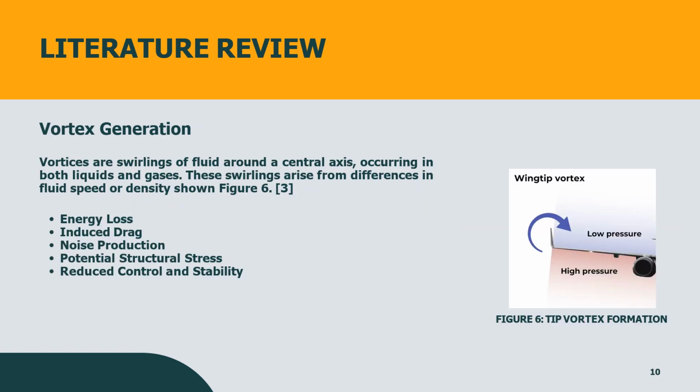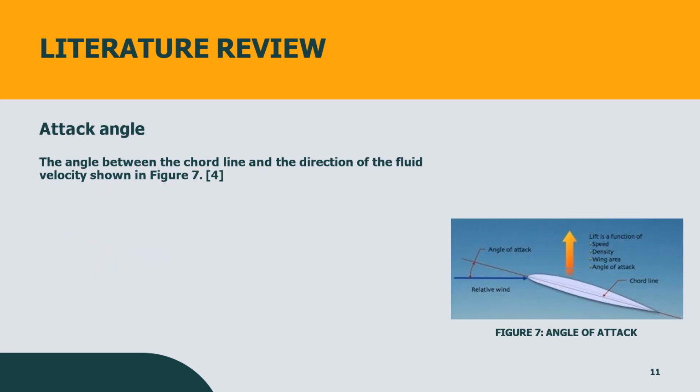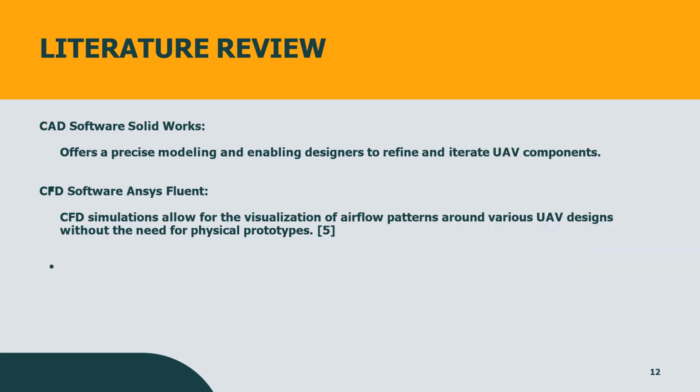What is vortex? It is a swirling of fluid around a central axis, occurring in both liquids and gases. This swirling arises from differences in the fluid speed or density, as shown in the figure. The attack angle is the angle between the chord line and the direction of fluid velocity, shown in figure 7.